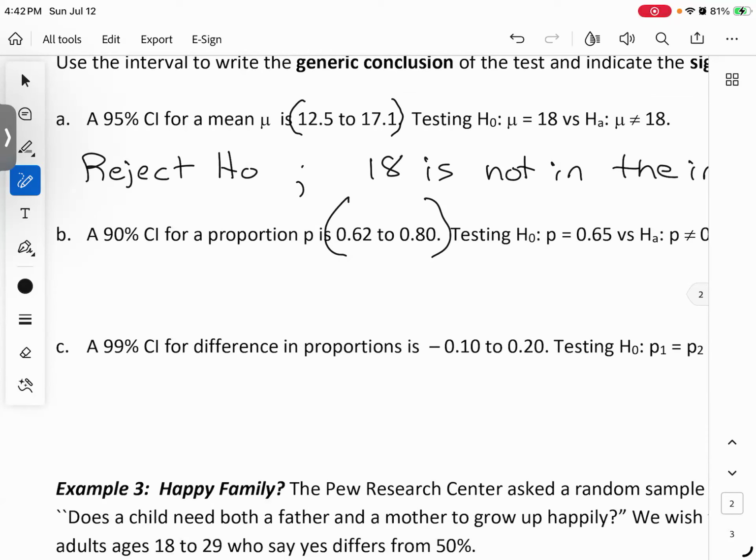And so can we reject 65? All right. On this one, 65 is in that plausible range, so it might still be the truth. So we cannot reject it.